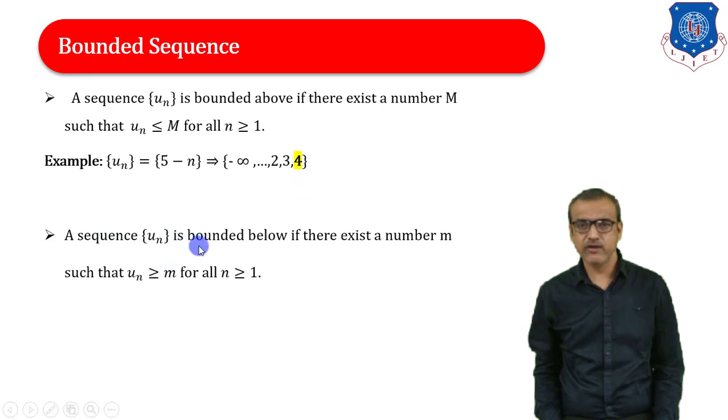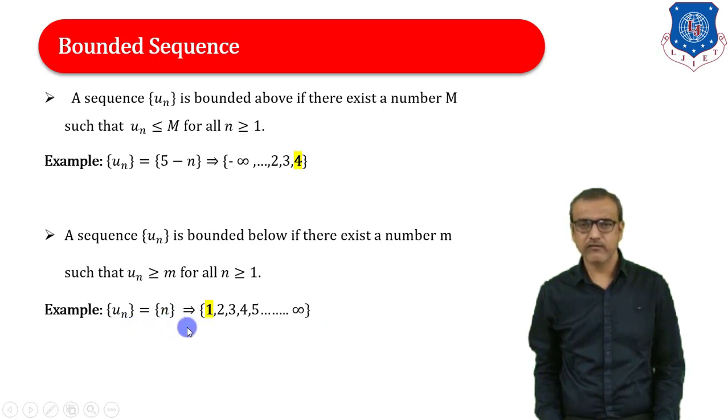A sequence u(n) is bounded below if there exists a number m such that u(n) is greater than or equal to m for n greater than or equal to 1. So for every n, if you find the terms u(n) which are greater than or equal to some fixed value, say m, then we can say that the given sequence is bounded below. Here is the example, u(n) = n.